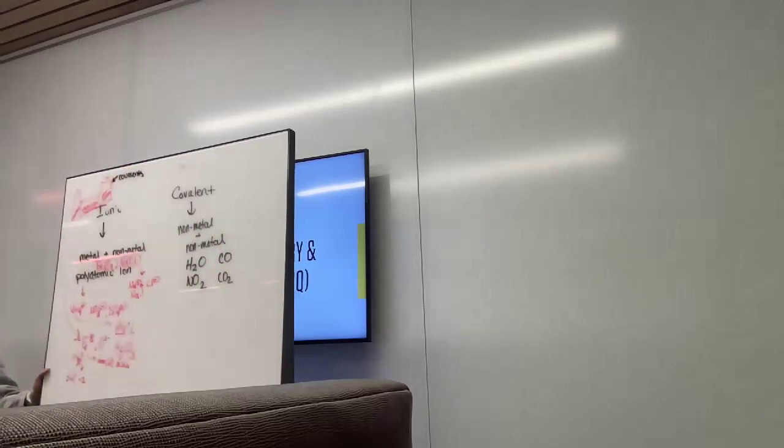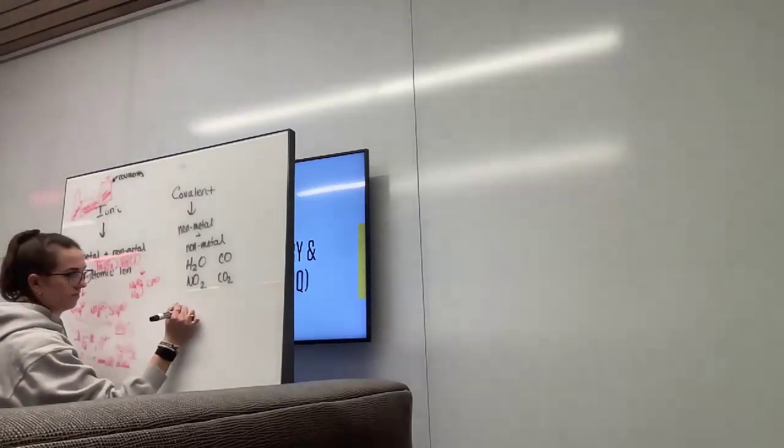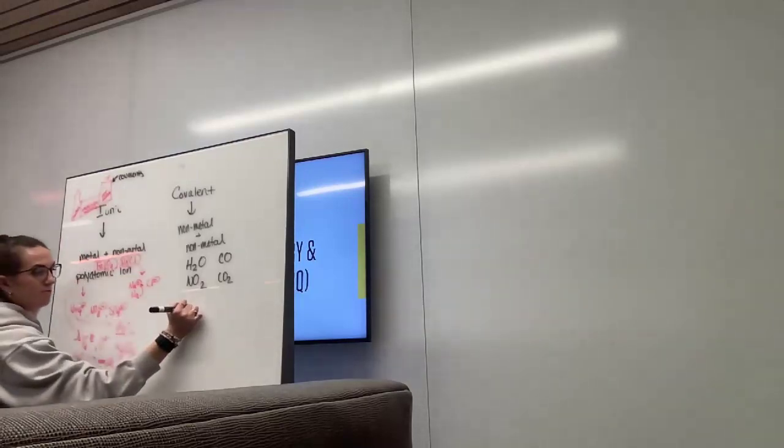Do you happen to know if it's important to know, for example, they give you NH4, and then they don't just ask if it's ionic or covalent, but also if it's metal plus non-metal or polyatomic plus metal? If we're just looking at NH4, where is nitrogen on the periodic table? On the right side.